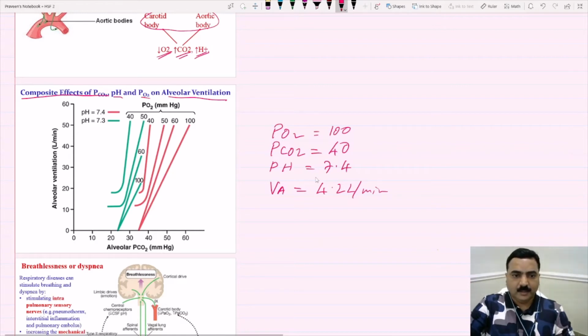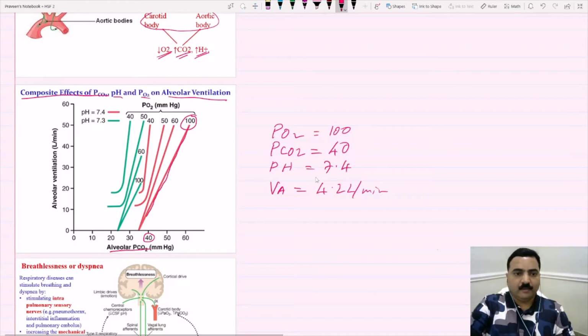Here the alveolar PCO2 is 40 and the pH is 7.4. That means I have to look at this red line over here, that is the 100. I took the PCO2 as 40, PO2 as 100, and the pH is 7.4, shown by the red color.